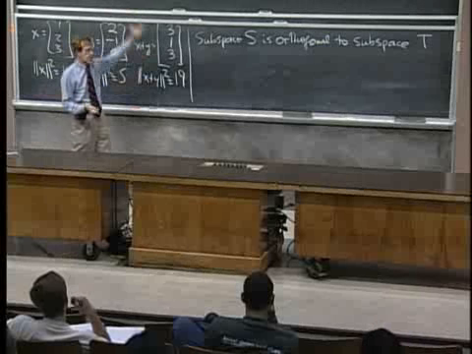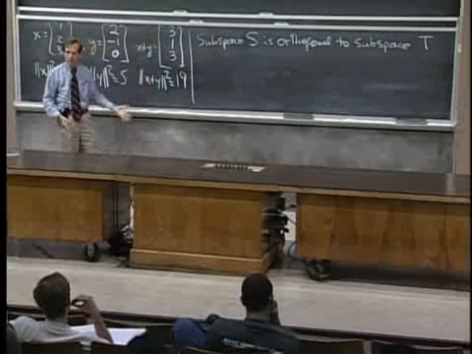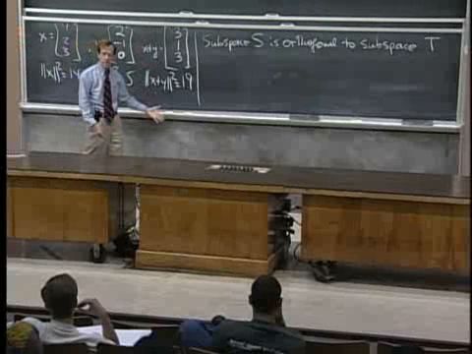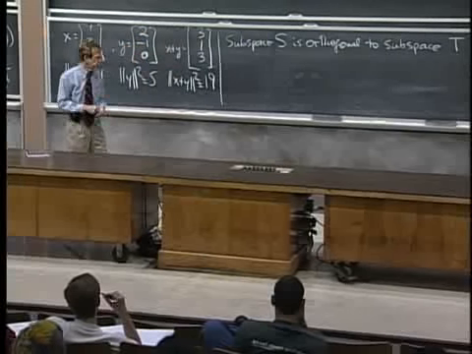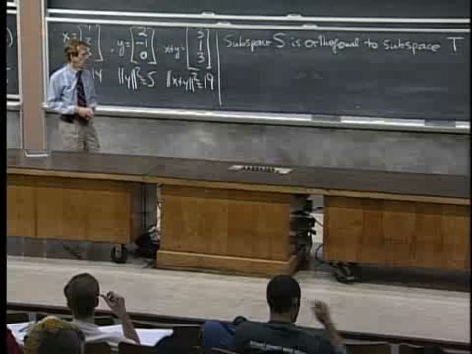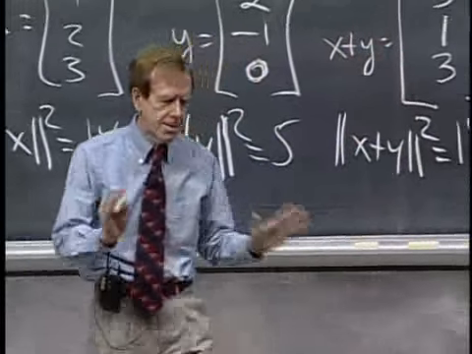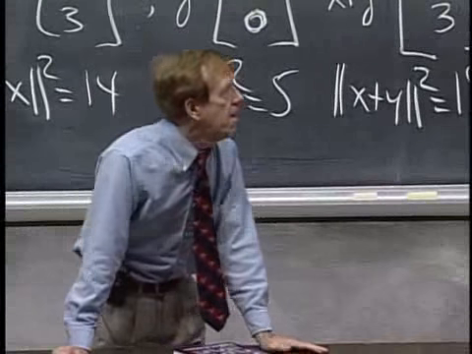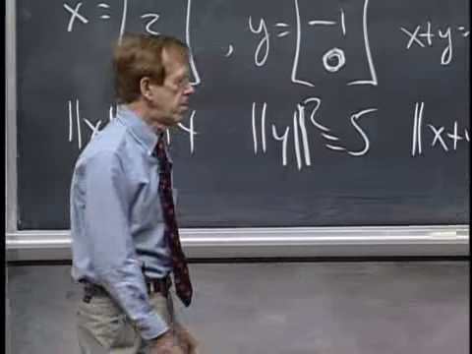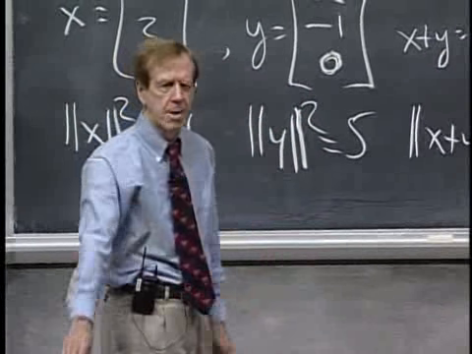So the blackboard extended to infinity is a subspace, a plane, a 2-dimensional subspace. It's a little bumpy, but anyway, think of it as a subspace. Let me take the floor as another subspace.